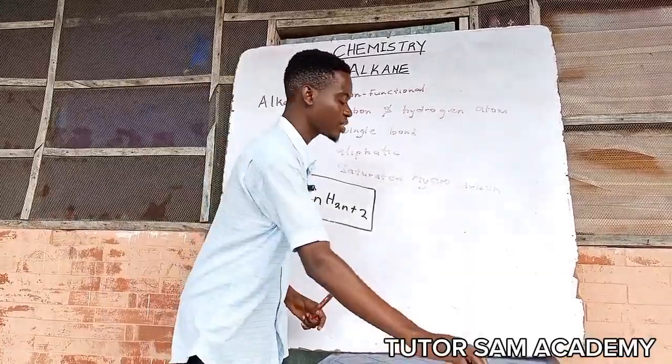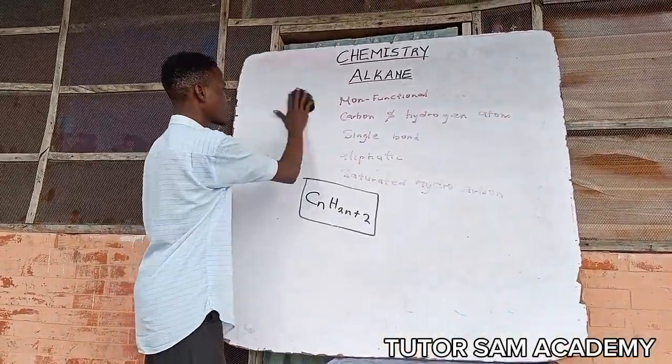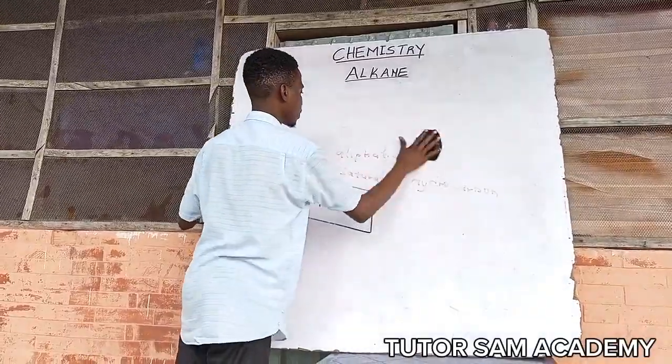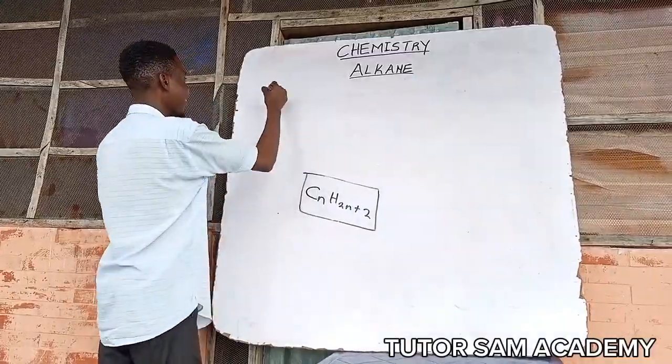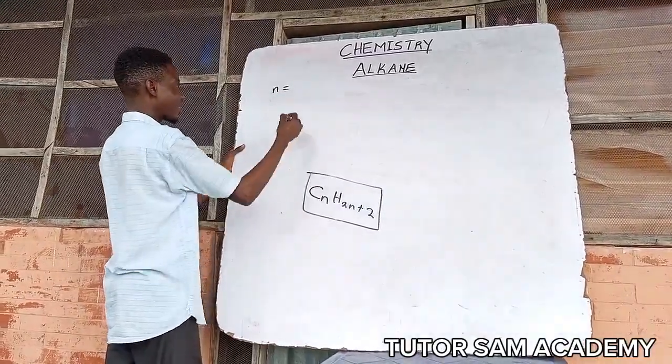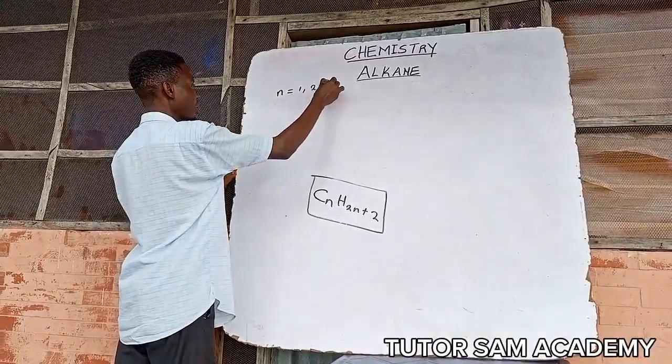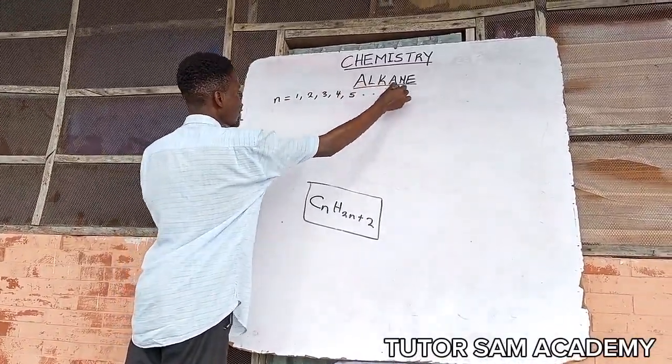So let's look at several instances where n can be. This n here can be 1, 2, 3, 4, 5, and so on.